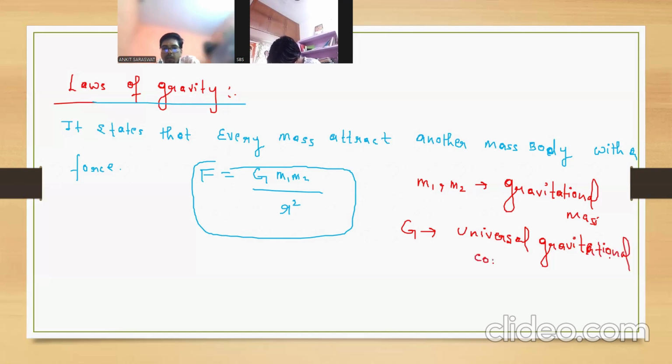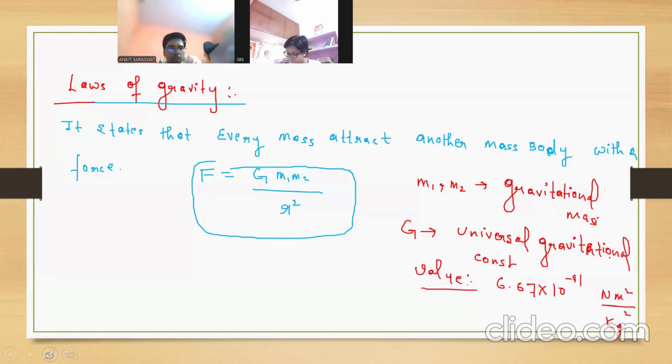What is its value? Its value is 6.67 multiplied by 10 to the power minus 11. Okay. Unit is Newton meter square per kg square.